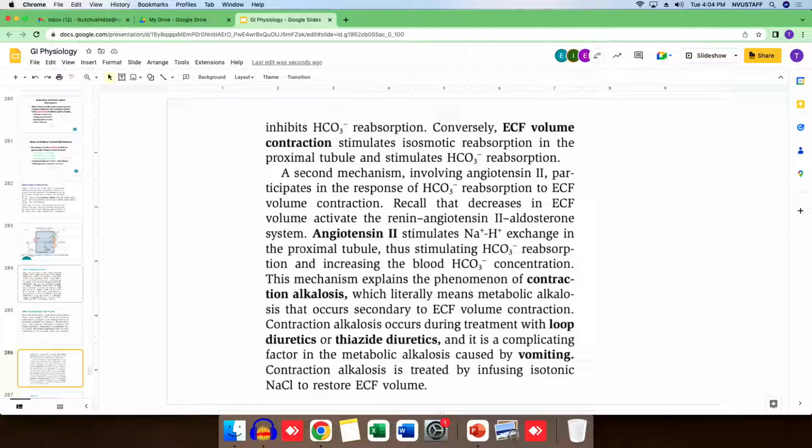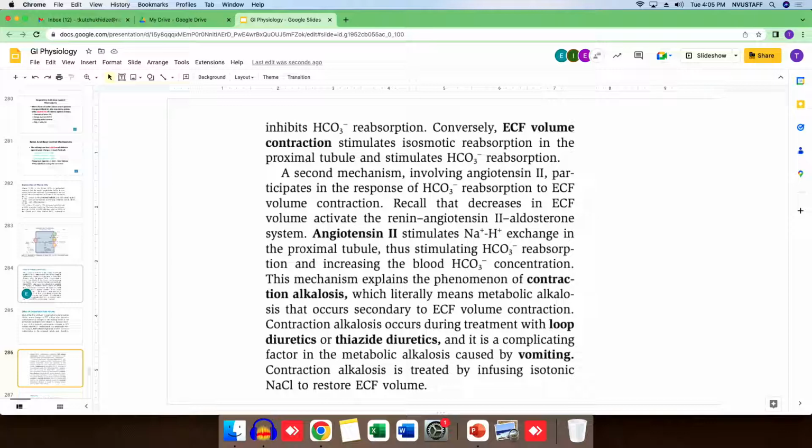This is what I mentioned regarding the ECF volume contraction, that it is stimulating the renin-angiotensin-aldosterone system, and angiotensin II stimulates the sodium-proton exchanger in the proximal tubules, so we're having much more reabsorption of the bicarbonate, and this explains our contraction alkalosis example.